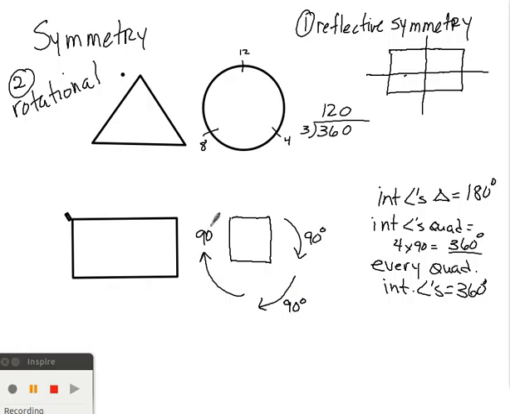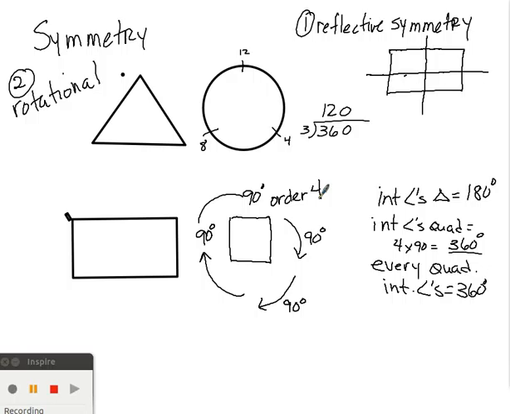Another 90 degrees, it will look the same, and another 90 degrees, and it will look the same. So you can turn a square 4 different ways and still have the same image. So it would be rotational symmetry of order 4, because there are 4 different ways it would fit into a puzzle, for instance.